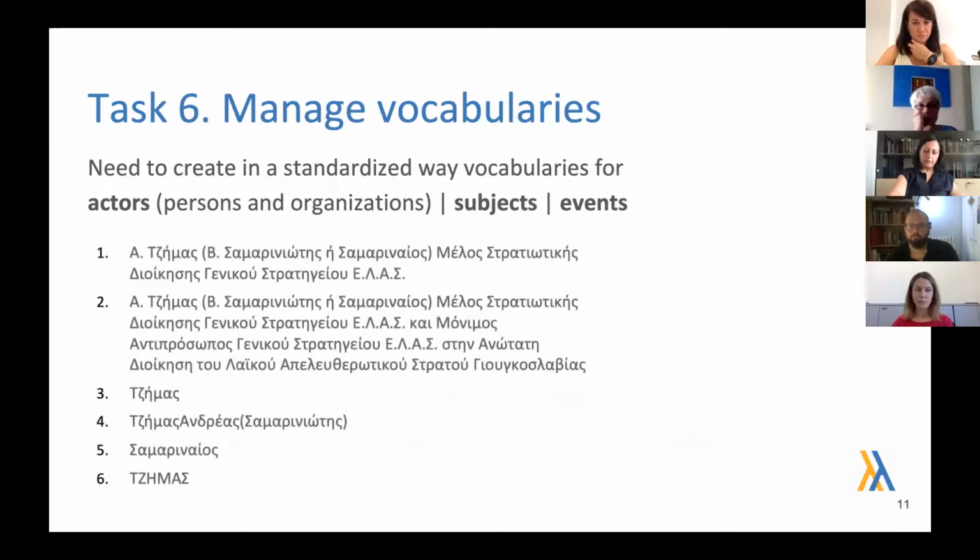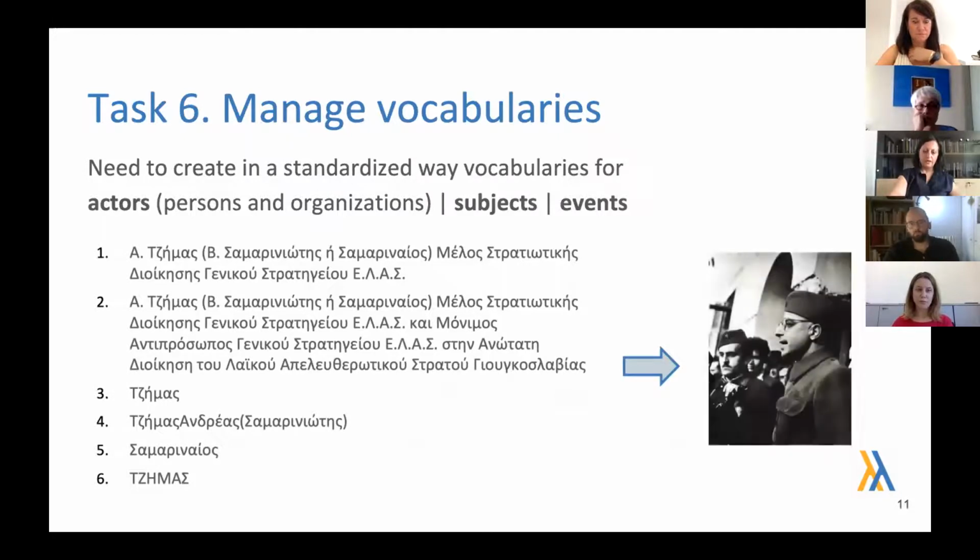Just to give an example, you can see here 6 distinct values for the same person, who, apart from his real name, Andreas Gimas, was also known under the alias Vasilis Samariniotis or the alias Samarineos. It's a time of war, and aliases are something to be expected.